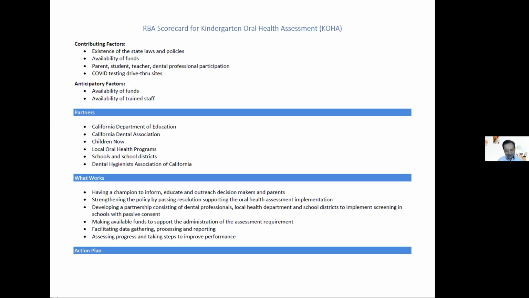What we built was a system where you could scan the KOHA forms and then just send the PDF to somebody.